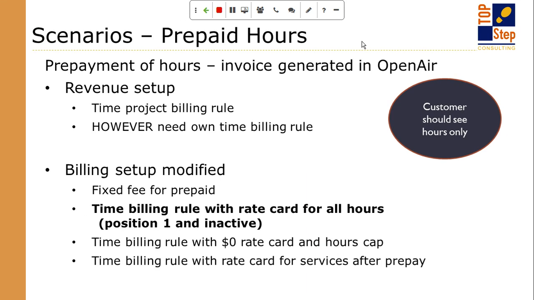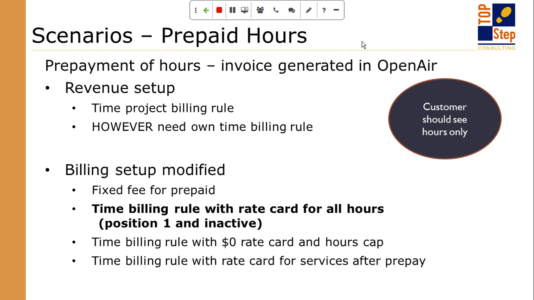Now to flip that around and say you want to take revenue on it, revenue recognition would actually be done directly from the timesheets because you need to actually recognize the value of every hour. And even though you bill the hour at $0, that's not a $0 revenue amount. There's actually a money amount that's associated with that hour because it's prepaid.